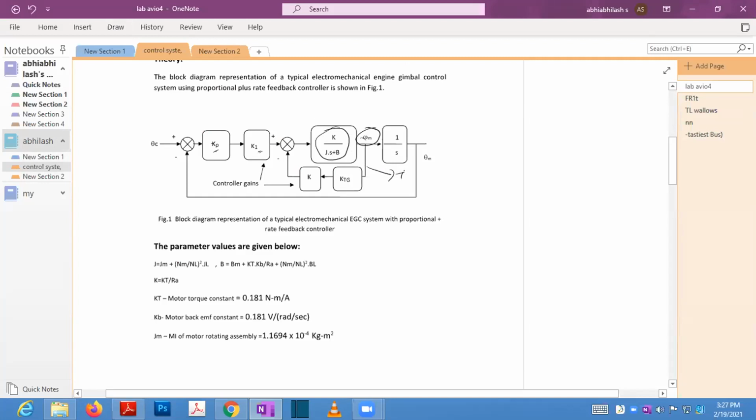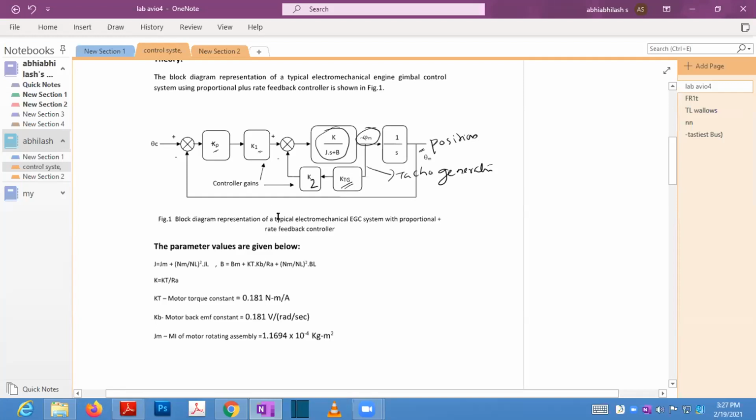We are having a tacho generator and we are measuring the speed. This KTG is the tacho generator gain constant, and this one is K2 only. And 1 by S we will get theta, and we are having a position. The rotary sensors will be there for measuring theta.